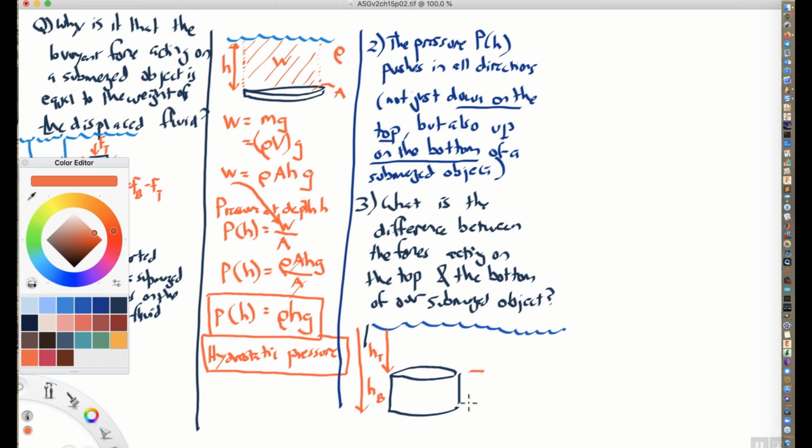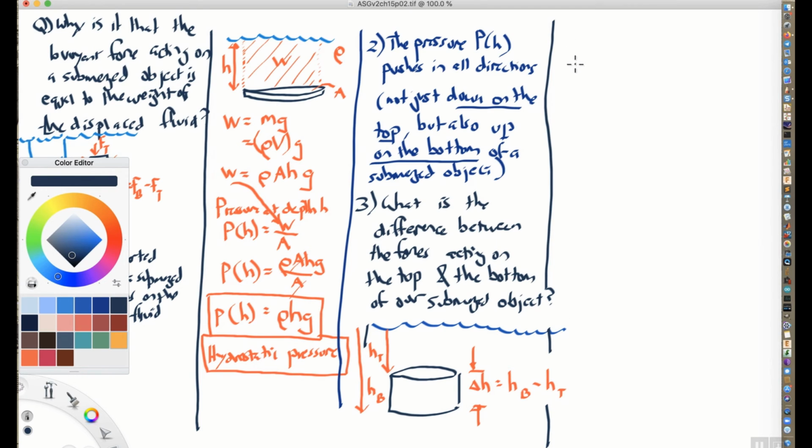And so the height of this object, we can call that delta h, which is the depth at the bottom minus the depth at the top. Okay. Now, what do we do from here?